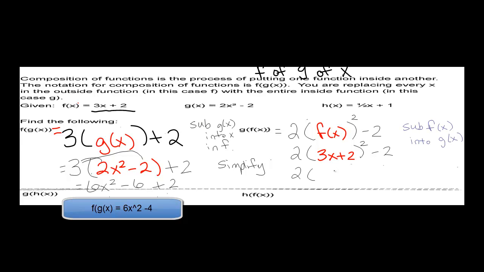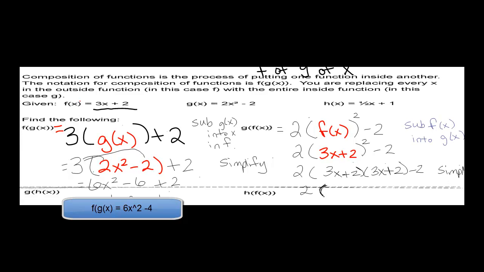Now we solve. Now 3x plus 2 squared is the same thing as 3x plus 2 times 3x plus 2. Now we simplify by multiplying inside the parentheses first, and these are binomials, so we will be multiplying the two binomials together and get 9x squared plus 12x plus 4 minus 2.